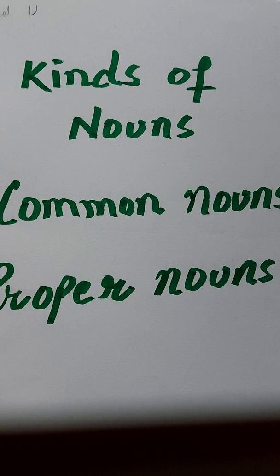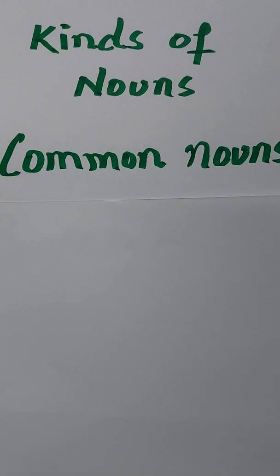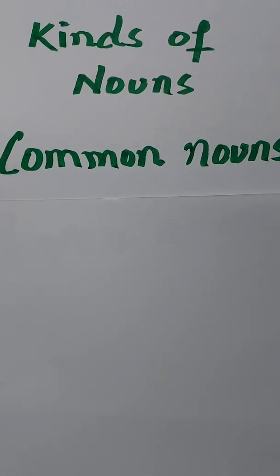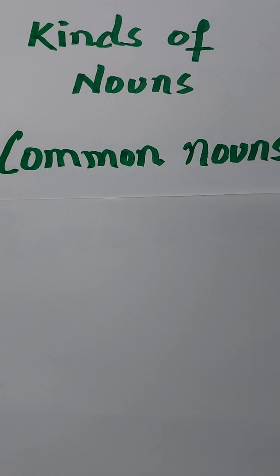Now let's learn about the kinds of nouns. So we have two kinds of nouns, common nouns and proper nouns. Now let's first start with the common nouns. Common nouns are the names given to any person, place, animal or thing.